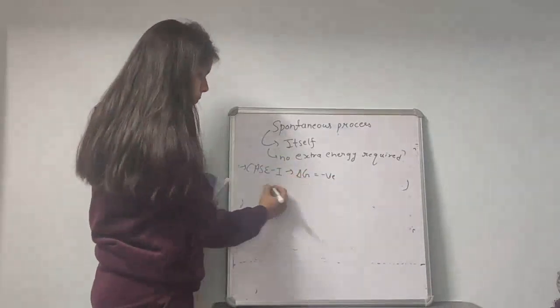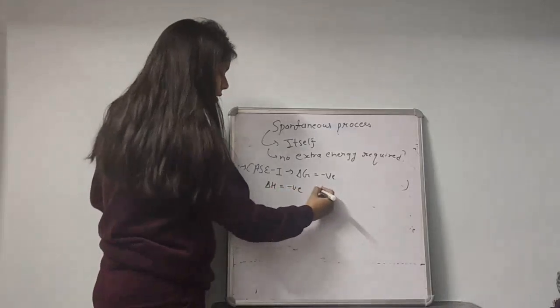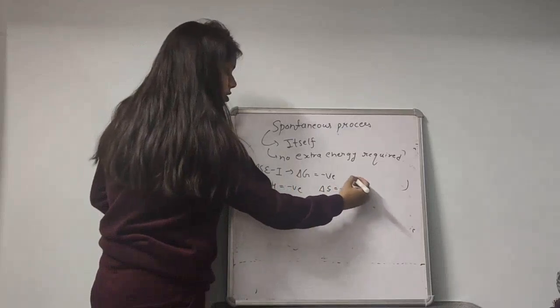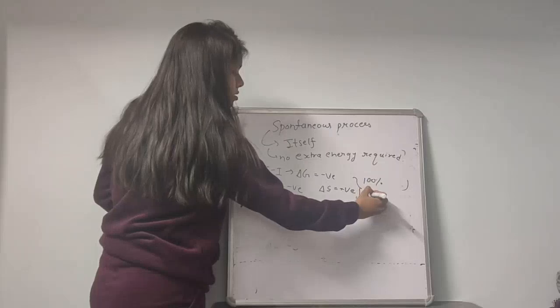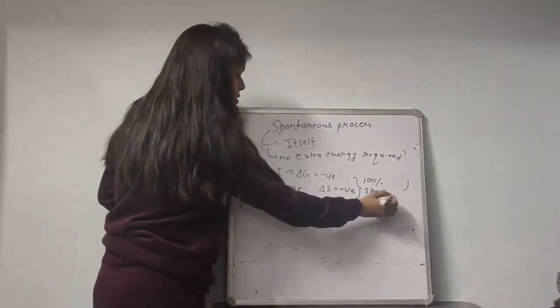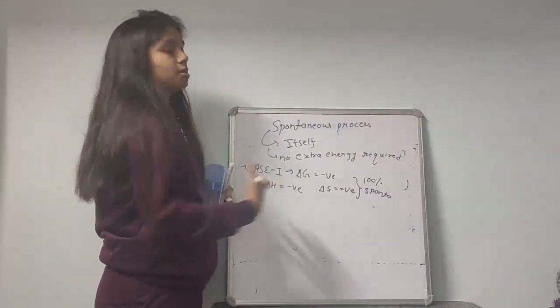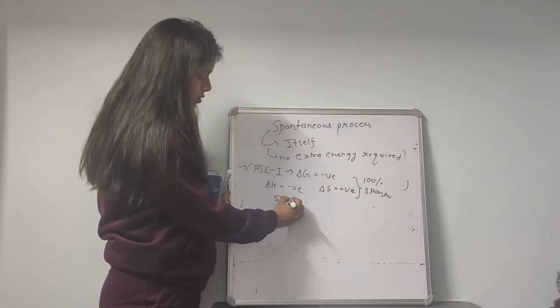For that, delta H should be negative and delta S should be positive. In this condition, it is a 100% spontaneous reaction, because the reaction is exothermic and the entropy is increasing.